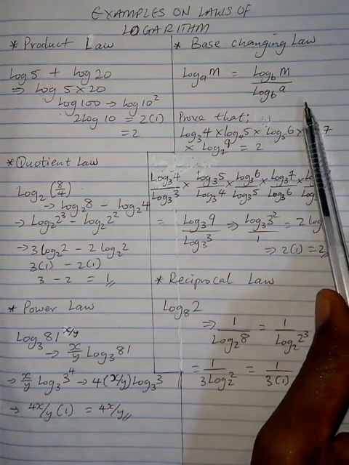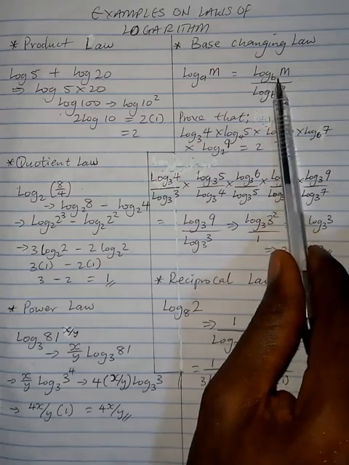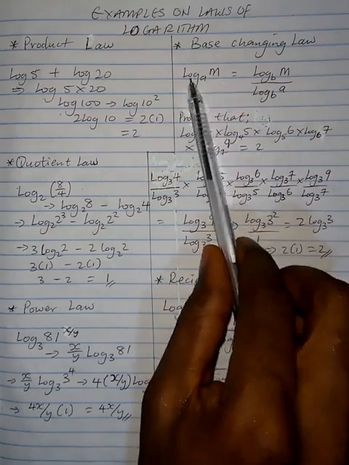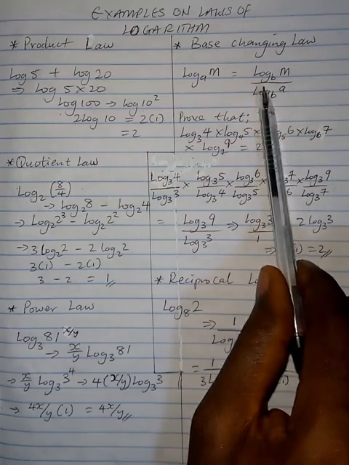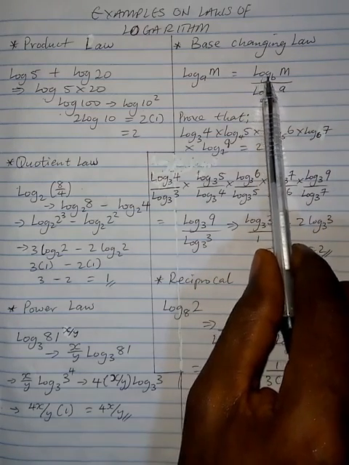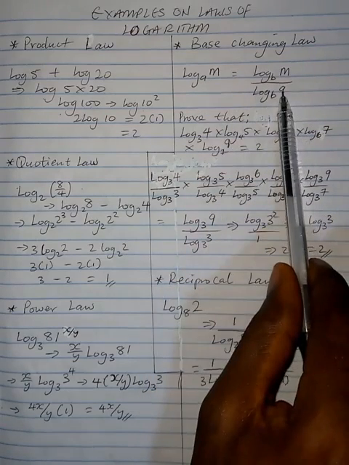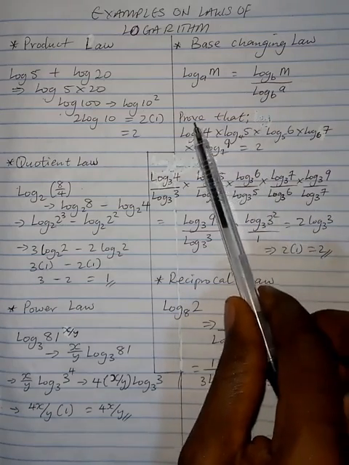Now in this case, we change the bases, and once you change the base, that's a new base b which was never in the question. Just use another value for the base. We now have this number m will become the numerator, and this base will become the number for the denominator logarithm.